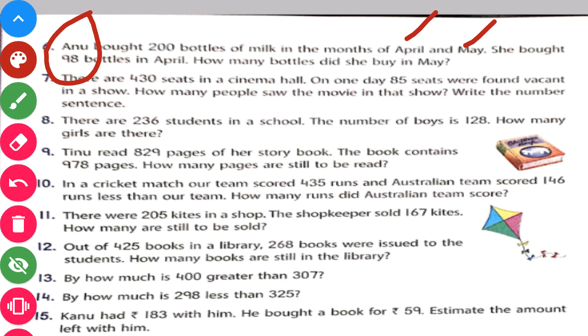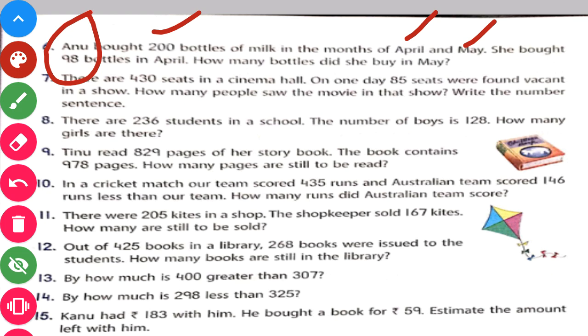How many bottles did she buy in May? So kids, the total number of bottles is given here, and the number of bottles she bought in April is also given. Now we have to find how many bottles she bought in the month of May.